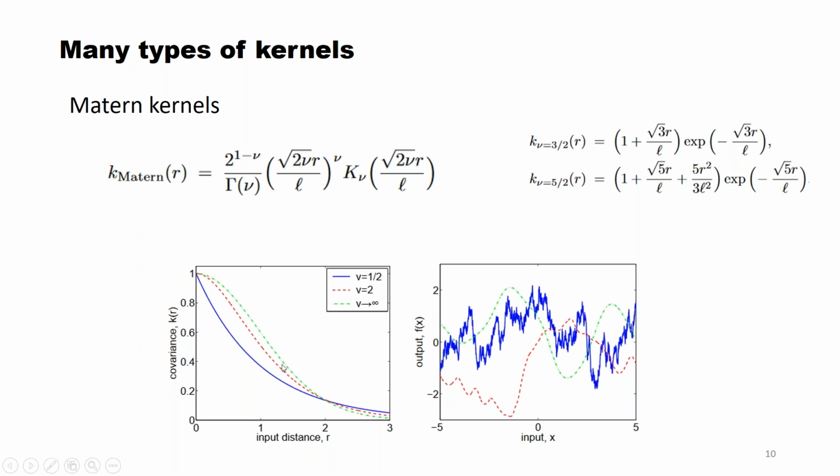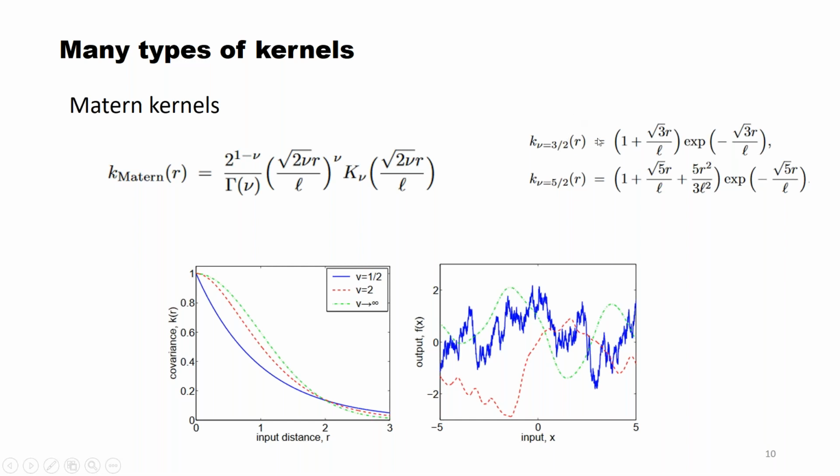So it's a very abrupt function. This is one example function. You have these very fast changes. It still has a length scale. So nu controls how smooth the function is, but you still have this length scale.